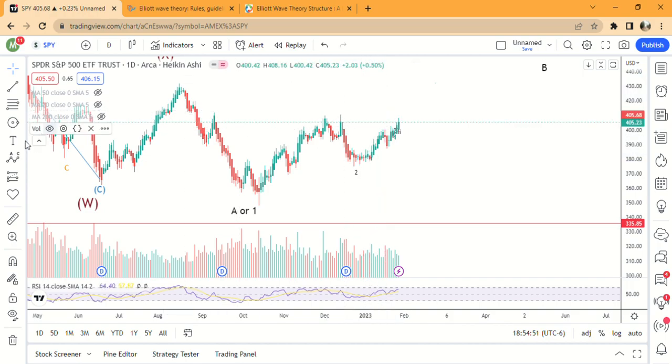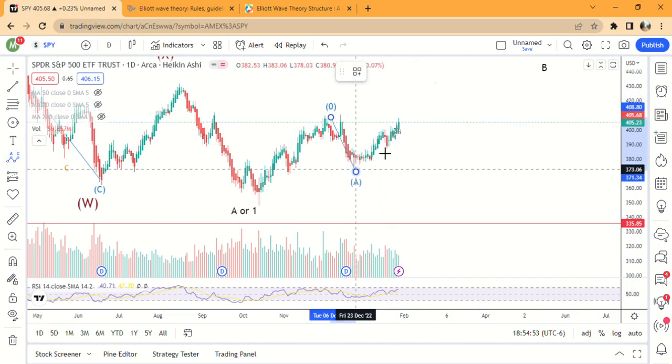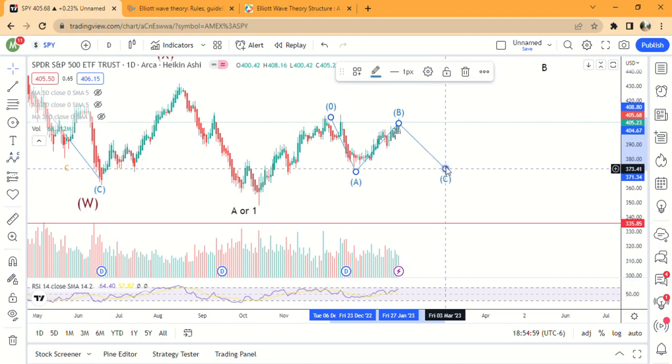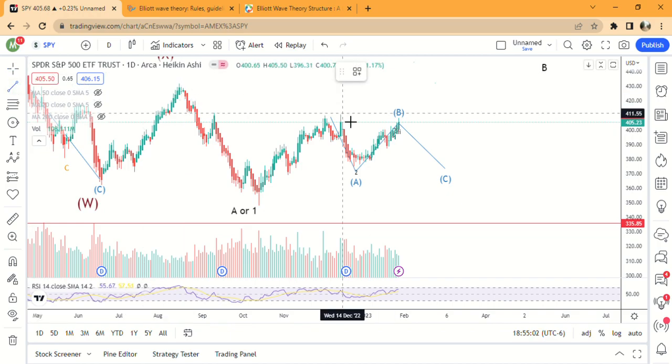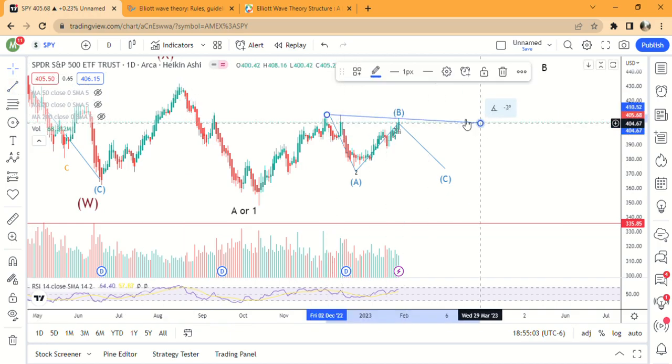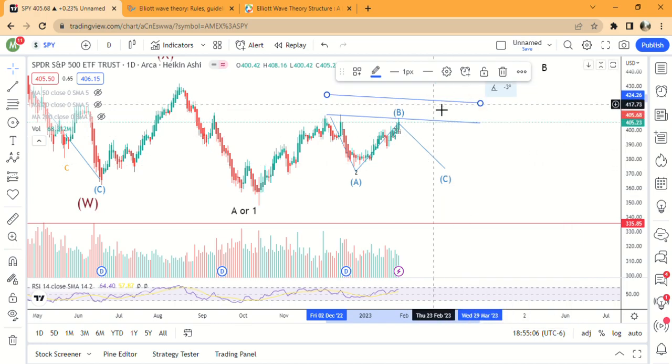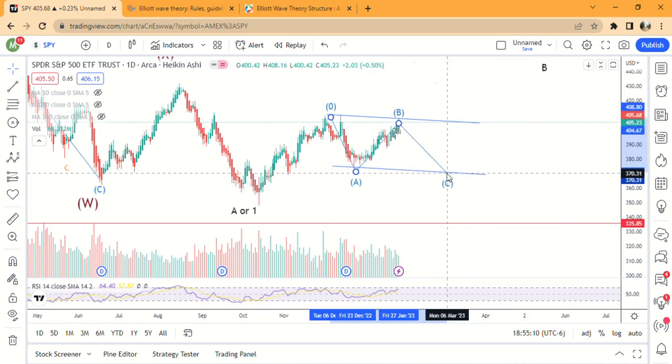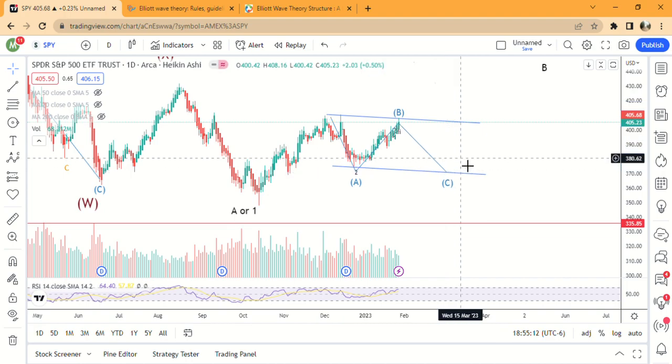So if this is corrective, and this is corrective, then we got to get something down here to 370-ish. We can draw our parallel lines here. So like down to 370, that's one possibility.